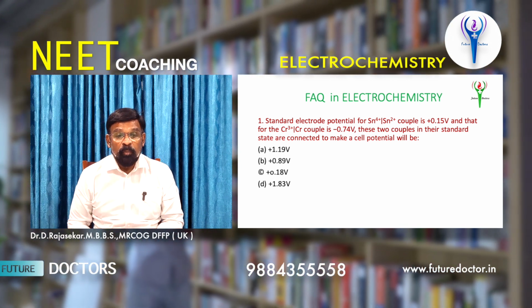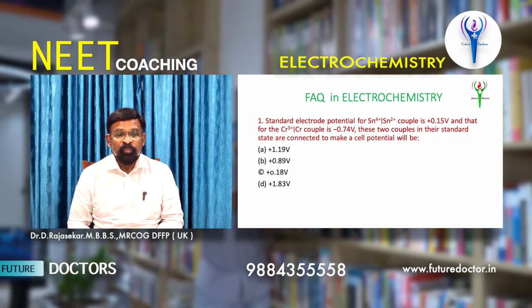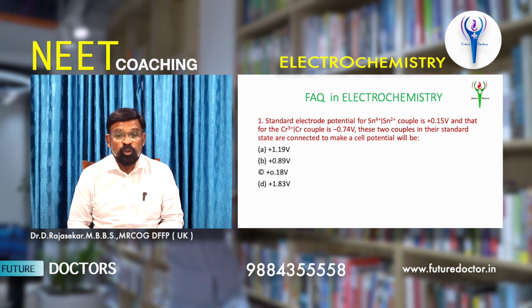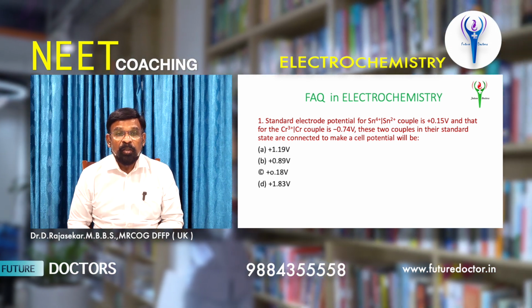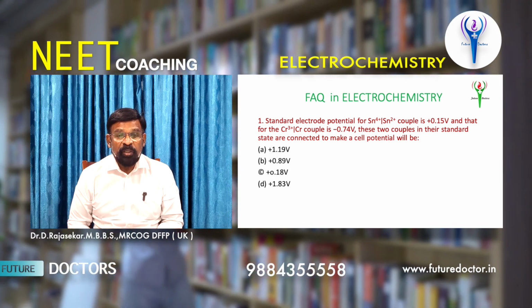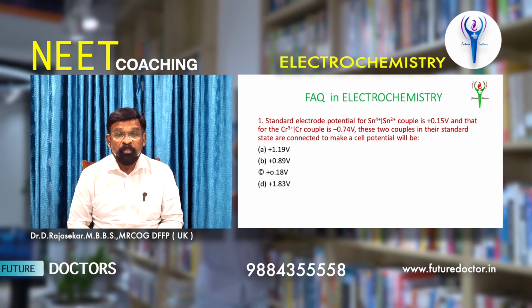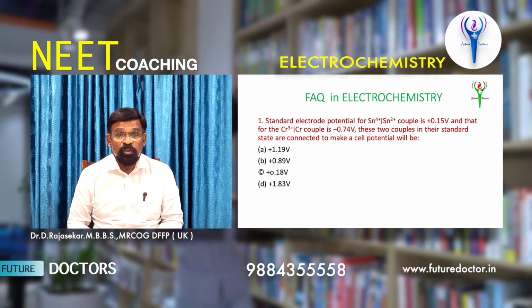The cell potential will be: option A, +1.19 V; option B, +0.89 V; option C, +0.18 V; option D, +1.83 V. Tough question, but please do attempt. Let's move on to the second question.